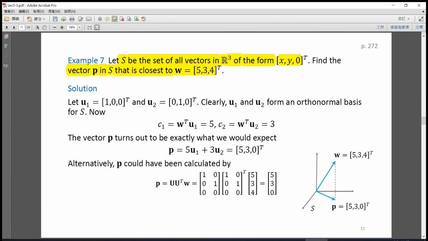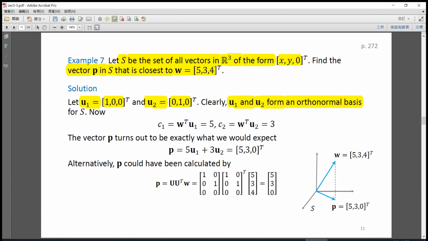To this end, first we compute an orthonormal basis for S. If we select U1 as E1 and U2 as E2, where E1, E2 are in the standard basis of R3, then U1 and U2 form an orthonormal basis for the xy plane.